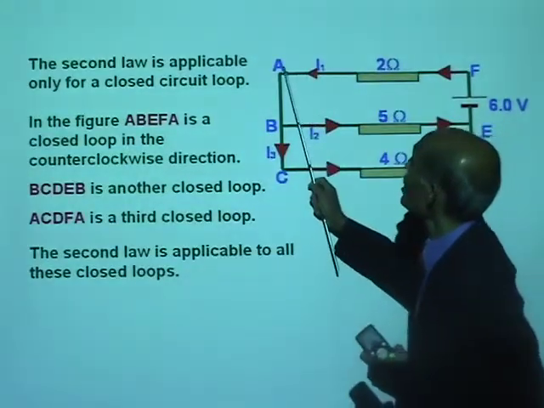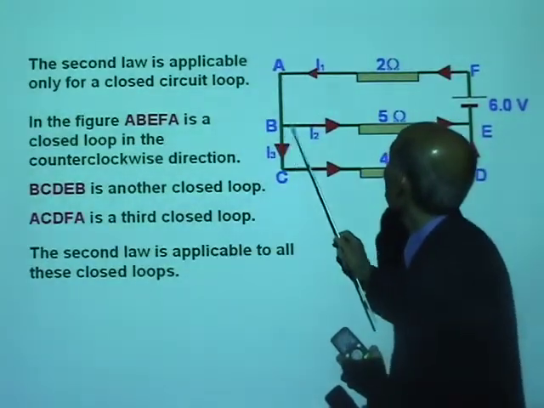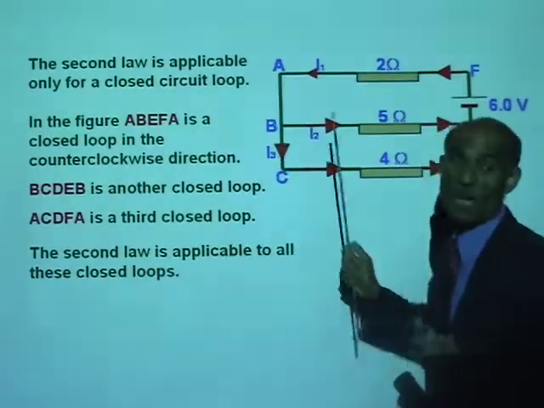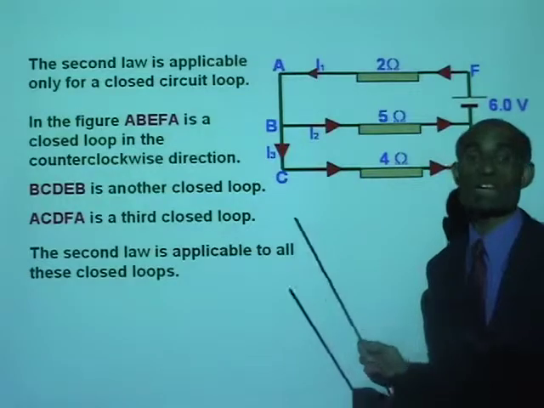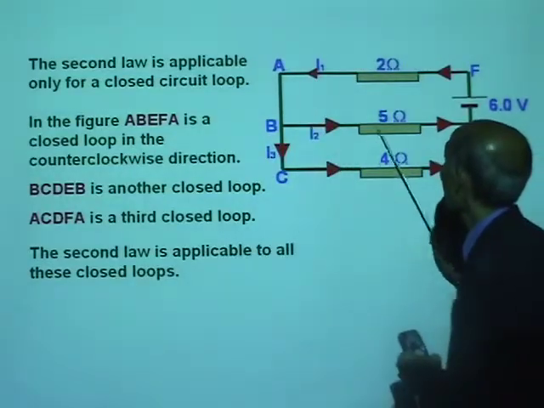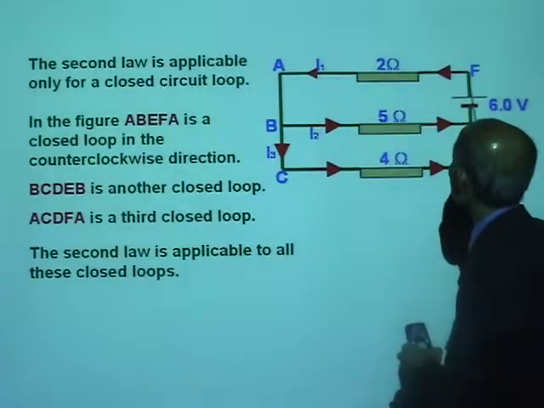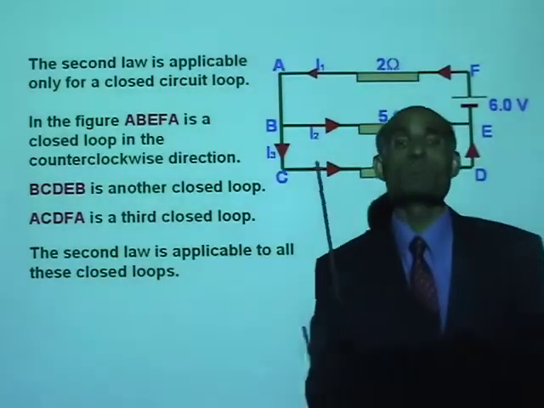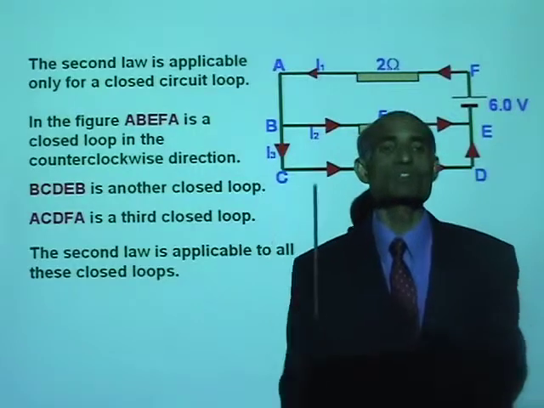So if you take a closed loop A, B, E, F, A, now how many things are there in that loop? There is a 5 ohm resistor, there is a cell, and a 2 ohm resistor. Those are the components in that closed loop.